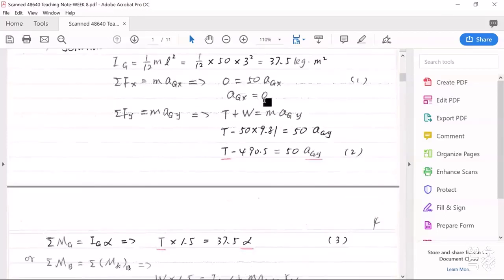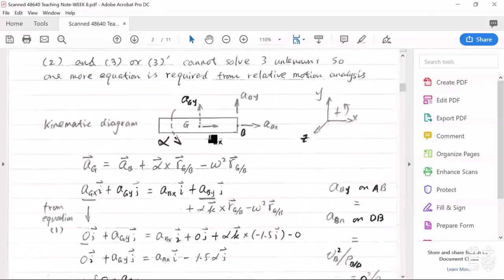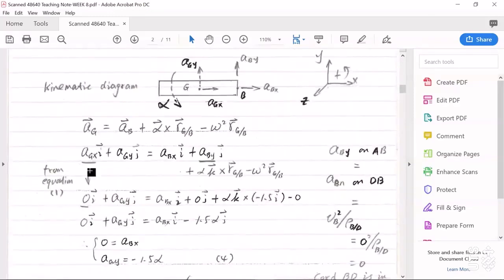It should be 0. So AGX is 0. AGY is unknown. On the right side, we have ABX, ABY, and alpha, omega squared.